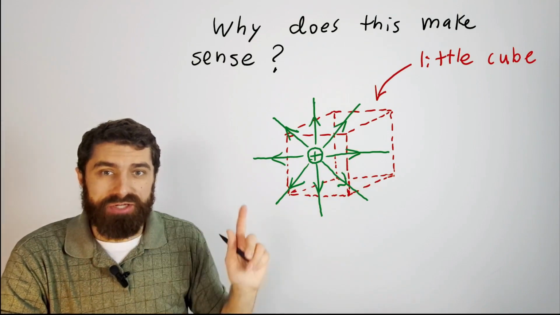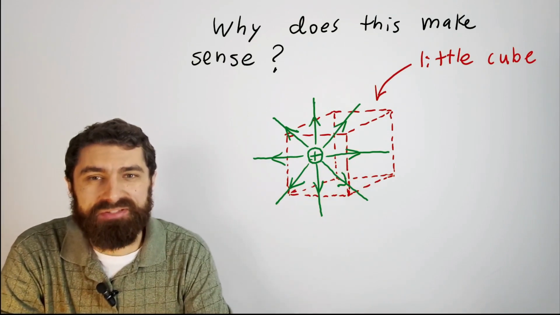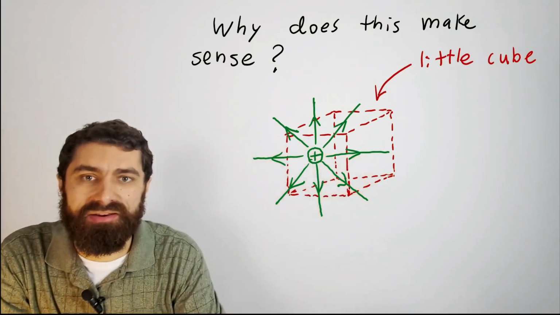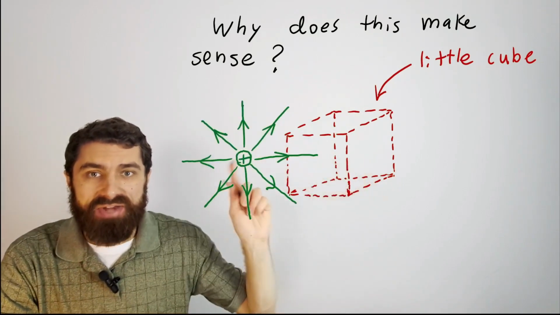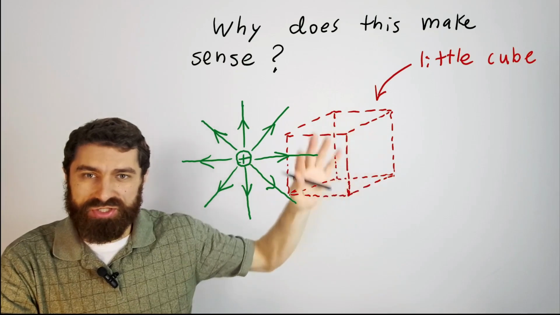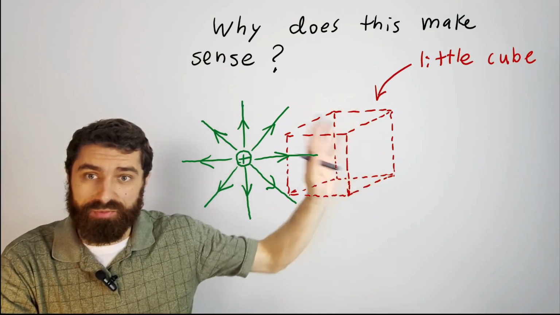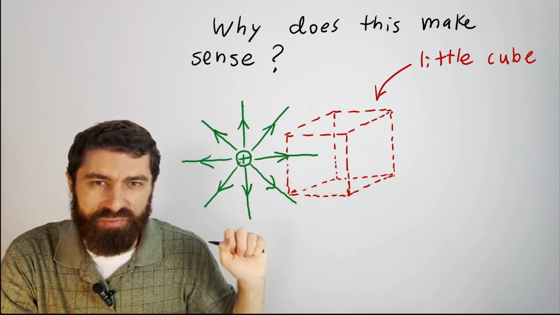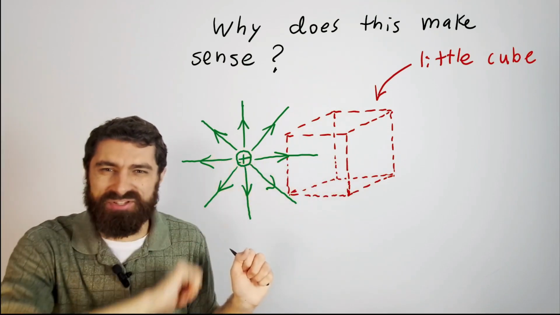But now, think about what happens if you take that charge and you move it outside the cube. So now, the volumetric charge density inside this little cube is 0. There's nothing inside this little tiny cube, but there's a charge on the outside.